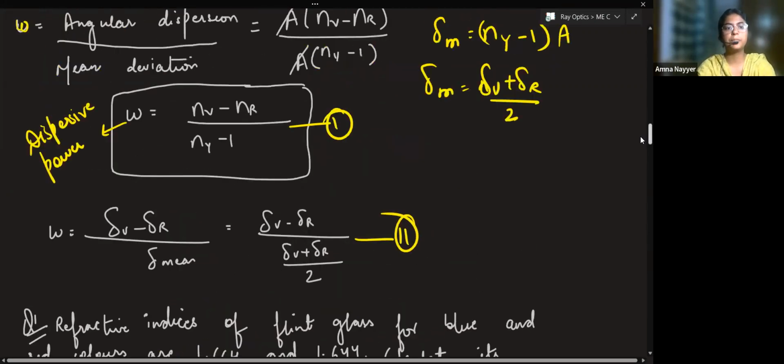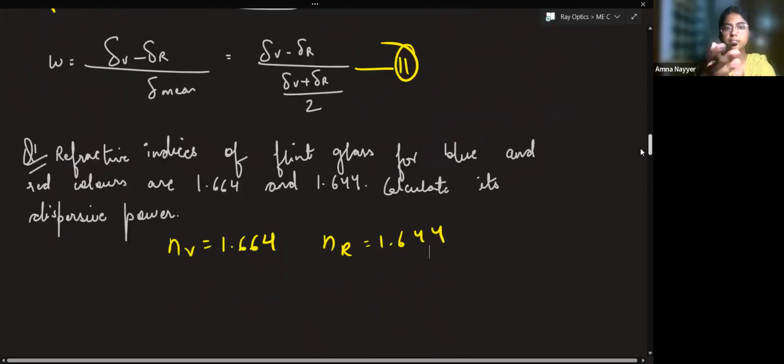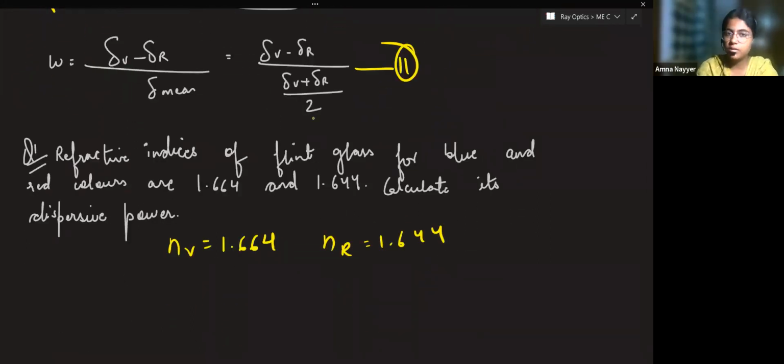See, dispersive power is what? Dispersive power is simply, okay, it's written here. See, the difference of the angle of deviation, or you can take the difference of the refractive index also. Or you can do one thing: if you have to use this formula, for del V you can calculate (NV minus 1) into the angle of prism, if the angle of prism is given in some question, if you are asked to calculate.